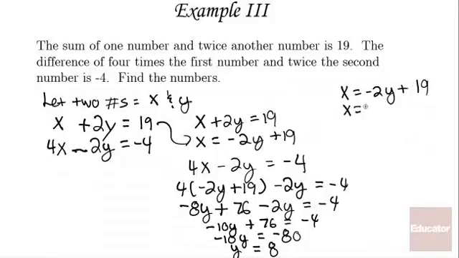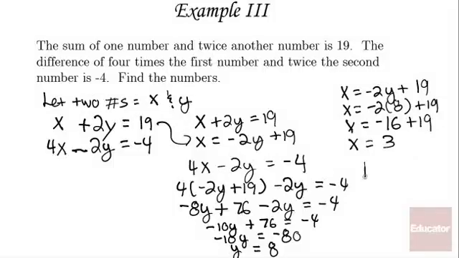That's going to give me x equals minus 2 times 8 plus 19. x equals negative 16 plus 19. So that gives me x equals 3. So my solutions, it's asking me to find these two numbers, x equals 3 and y equals 8.